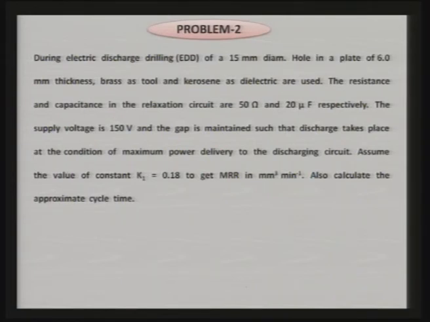The supply voltage is 150 volt and the gap is maintained such that discharge takes place at the condition of maximum power delivery to the discharging circuit. Assume the value of constant K_1 equal to 0.18 to get MRR in cubic millimeter per minute. So, calculate the approximate cycle time.